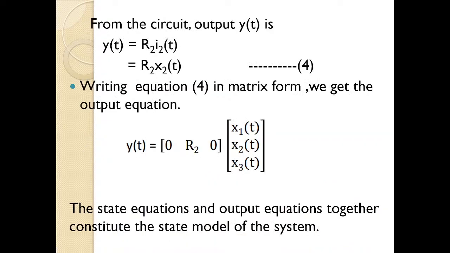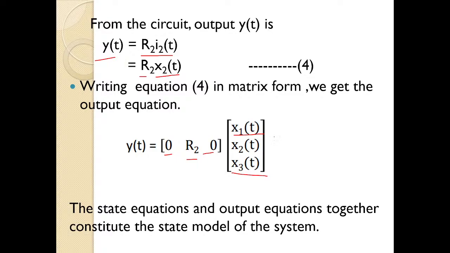So I have written it here. You can see y of t is R2 into I2 of t. Instead of I2 of t, you just write x2 of t. So R2 x2 of t is our y of t. Now only the x2 term is there. What about the other variables? x1 and x3 are not there, therefore 0, 0. What is the coefficient of x2? R2.